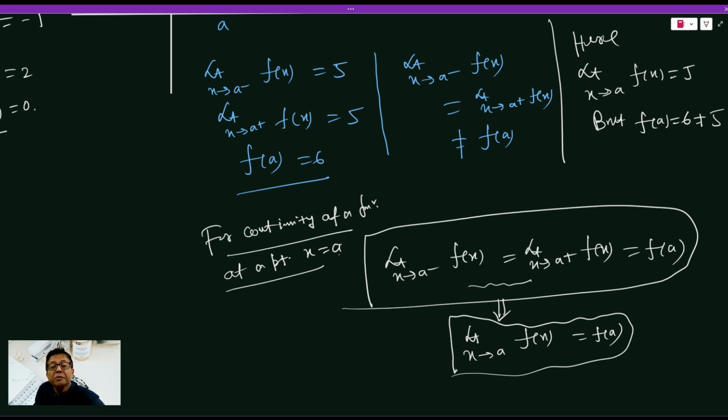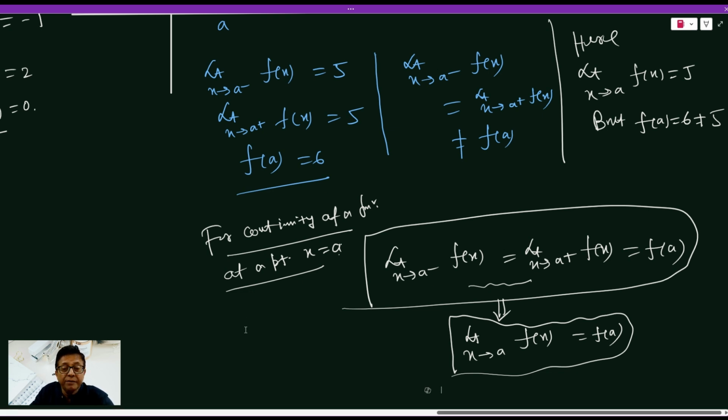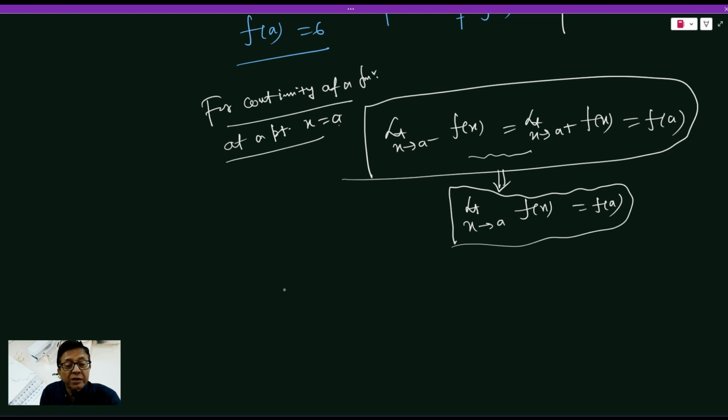That limiting value must be equal to functional value. If we don't get that, then it will not be continuous over there. Okay? If we want to say continuity in an interval, see, continuity in this open interval.